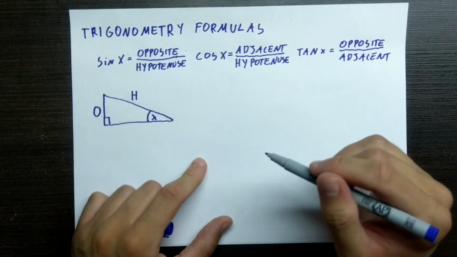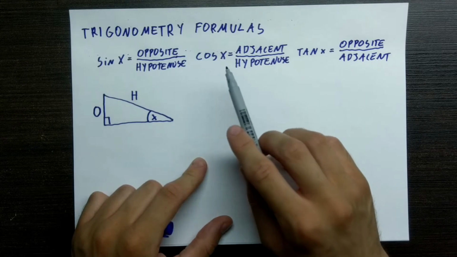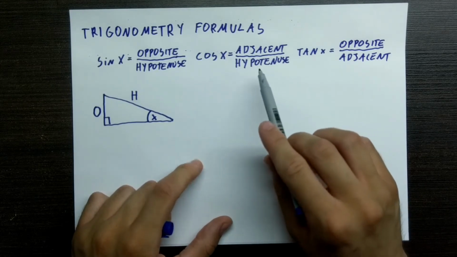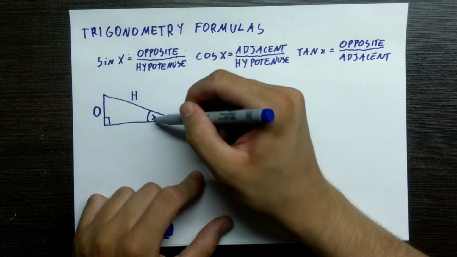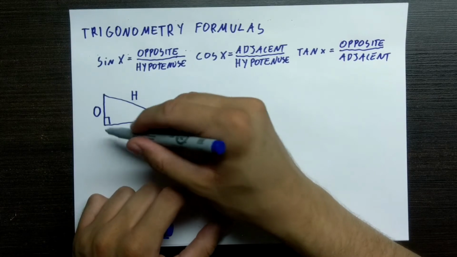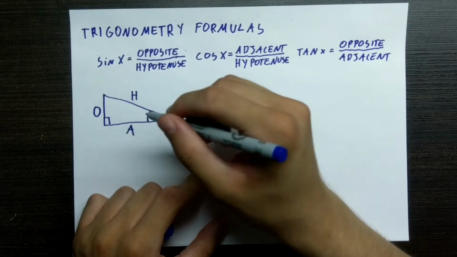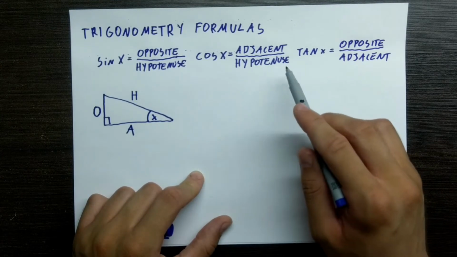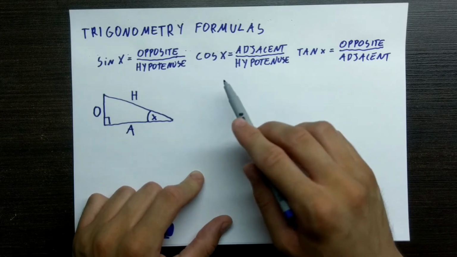Now, cosine of x is the adjacent side divided by the hypotenuse. The adjacent side is the side that touches the angle x, so it will be this side. So that is the adjacent side. And so the adjacent side divided by the hypotenuse is equal to cosine of angle x.